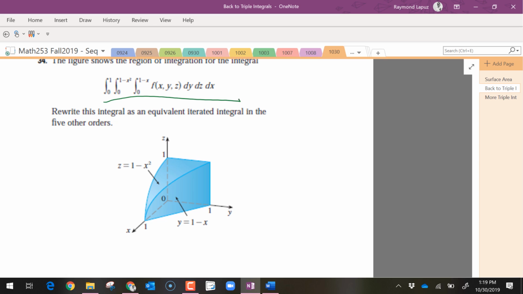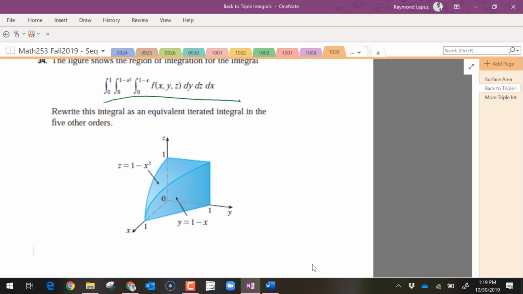Now remember, when you switch orders, and we saw this with double integrals, you can't just switch the orders, especially if one of them is constant. The outer limits always have to be constants.